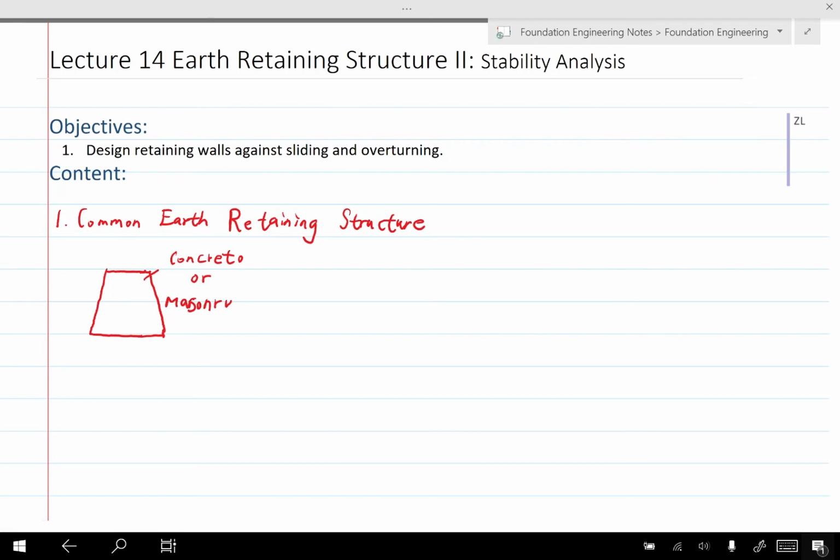Another type that we need to know about is the cantilever retaining wall. So we will leave some space between the 2 types of walls because we'll add something between them. A typical cantilever retaining wall looks like this. It has something called a stem. Here shows the cross section.